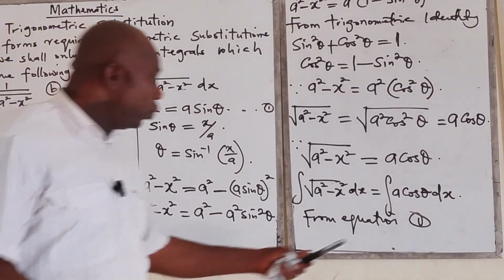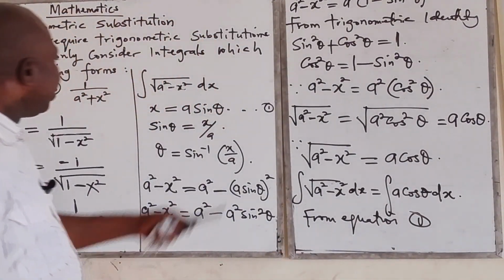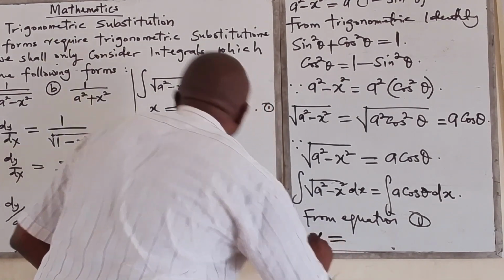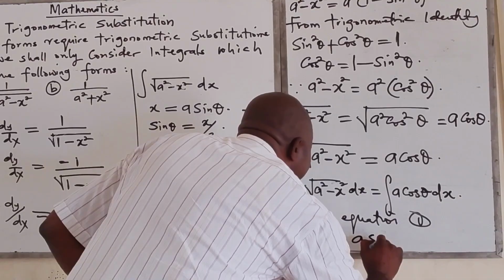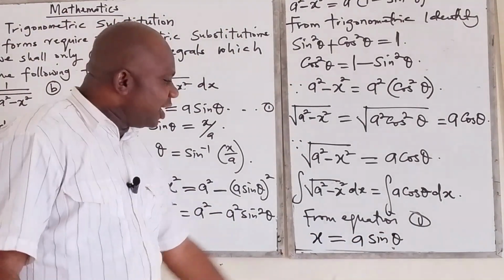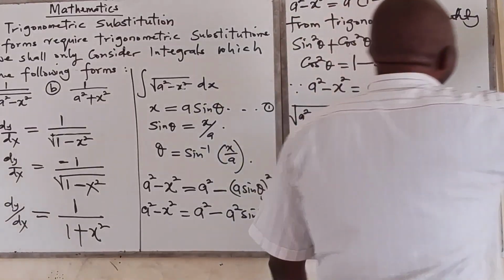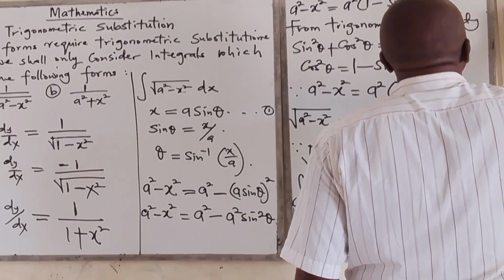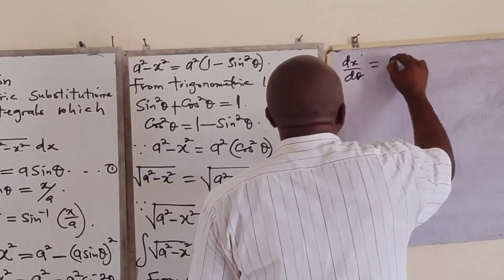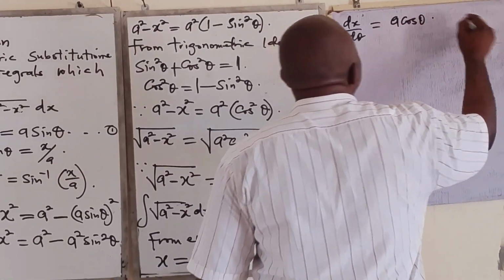Okay, from equation 1, we have x equals a sine theta. When you differentiate a sine theta, it gives a cos theta.